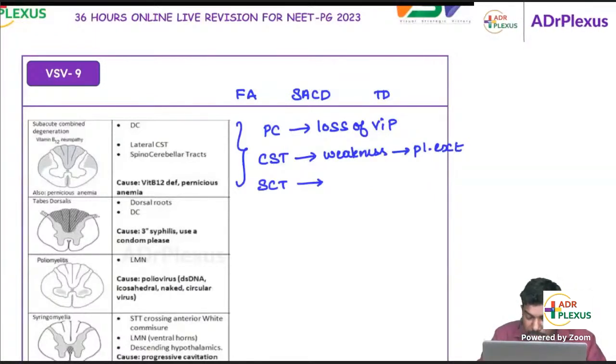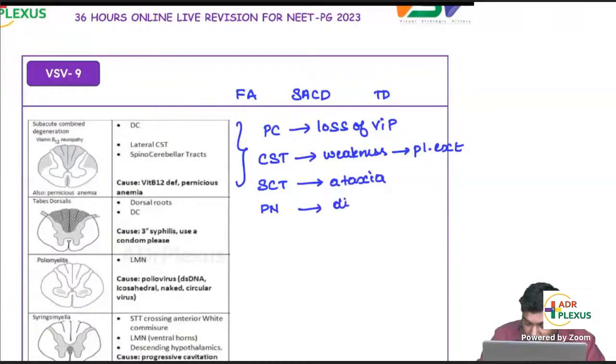When the spinocerebellar tract is involved, the patient has ataxia plus peripheral neuropathy. Because of peripheral neuropathy, there is diminished or absent reflex.